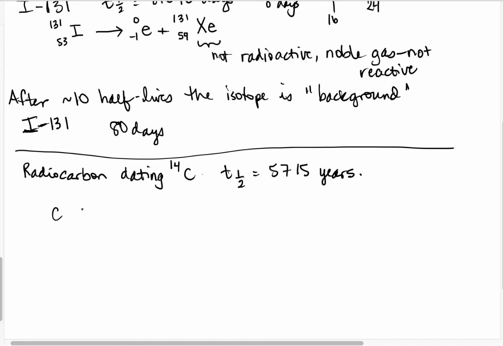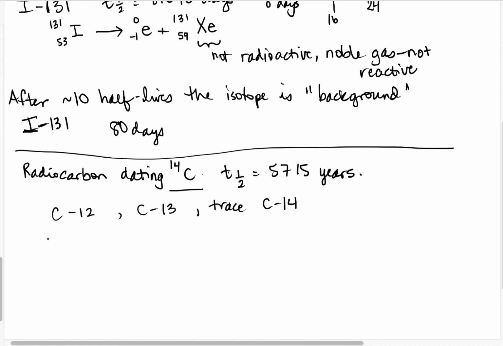Carbon is normally present as two stable isotopes, carbon-12 and carbon-13, but some radioactive carbon-14 is made in the upper atmosphere, where you have cosmic rays apparently triggering some reaction with nitrogen to produce some carbon-13, or excuse me, carbon-14. And so that means that we have a regular supply of a tiny amount of carbon-14.